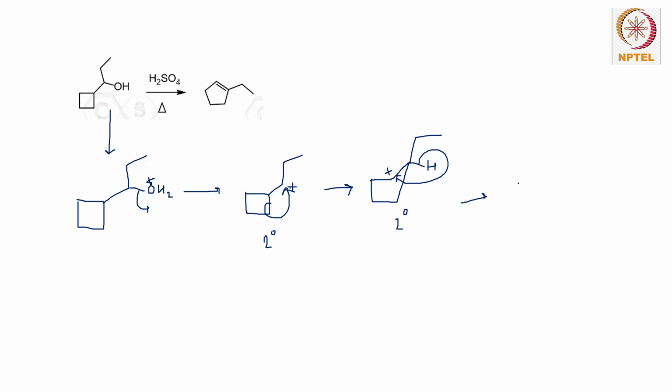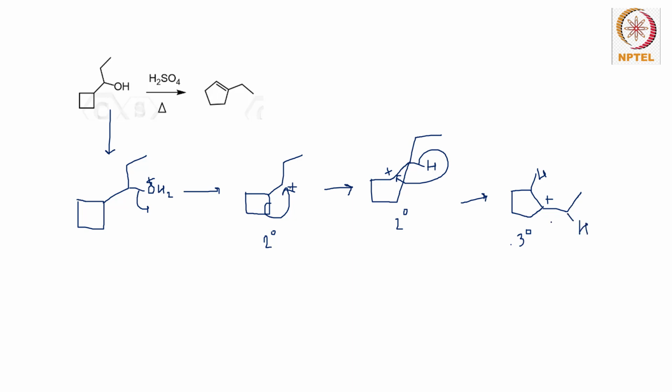This one is 3 degree plus a 5 member ring. Now a hydrogen will be eliminated, and we have to see which hydrogen. These two positions are equivalent, so we consider just one and this one.